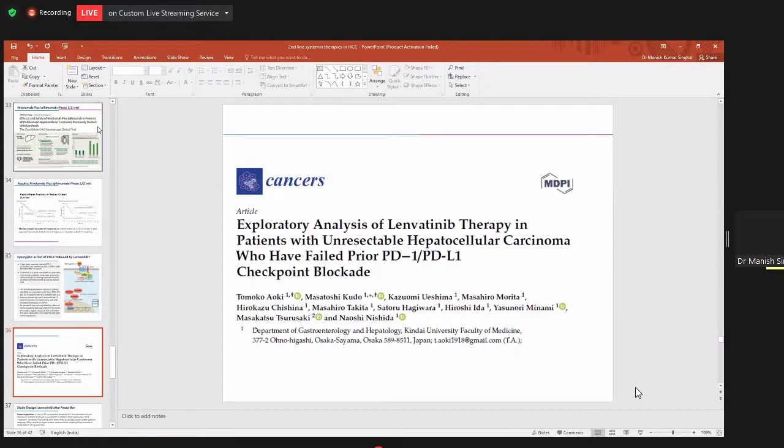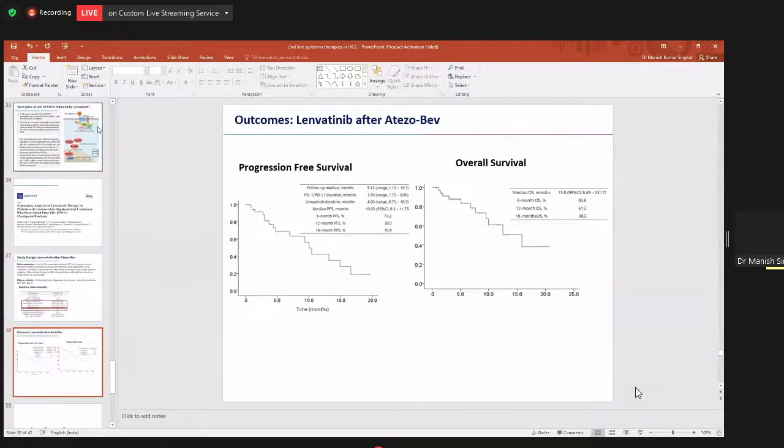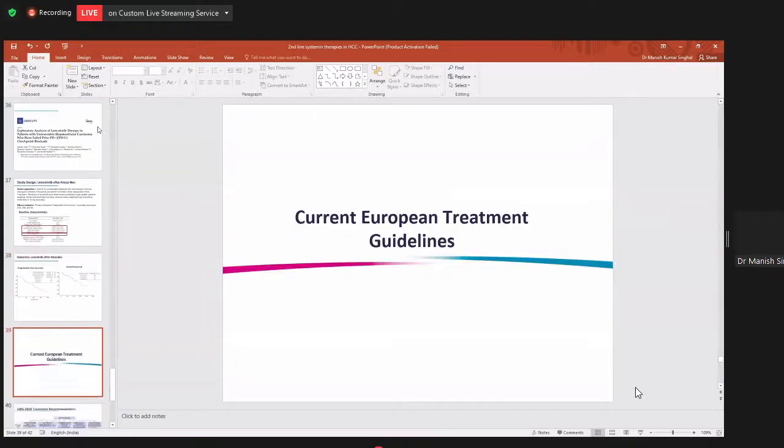This is an exploratory analysis of lenvatinib used in unresectable patients who have failed a PD-1 or PD-L1 blocker, and it shows a median progression-free survival of around 10.3 months, with median overall survival at almost 15.8 months. So these patients would have received atezo-bev and can then go on to receive lenvatinib. This is how these newer agents can be used, depending on the type of agent they were exposed to in the first line.